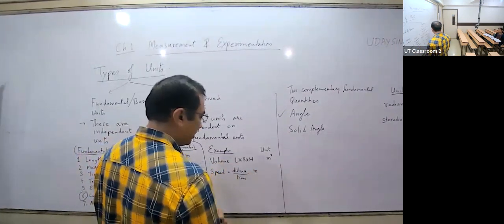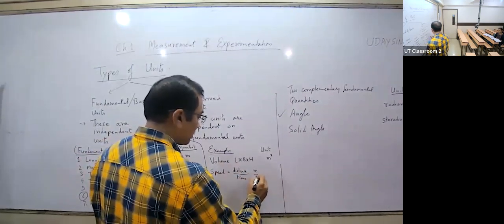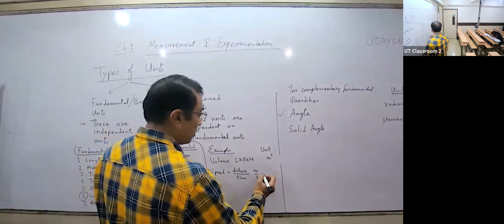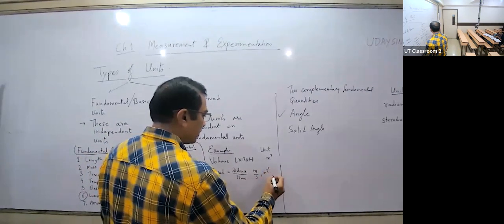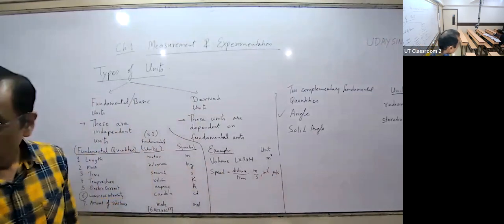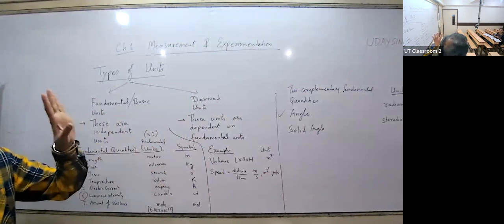Distance is measured in meter. Distance is length. And what is time? Seconds. So this is meter upon second. We can write it as meter per second, or like this. These are different expressions, all meaning one and the same thing.